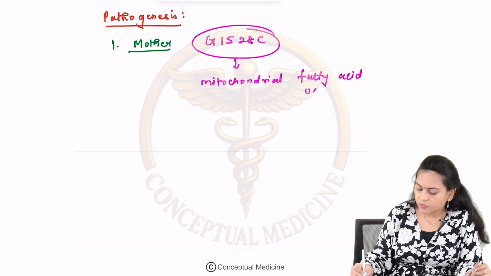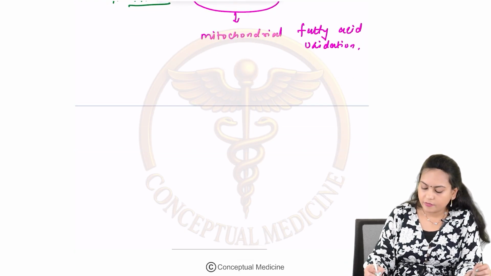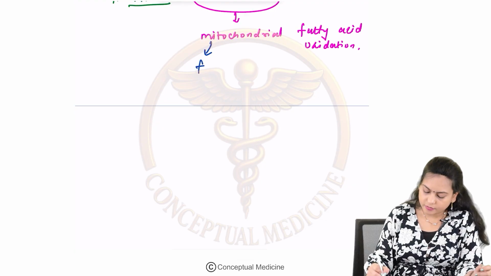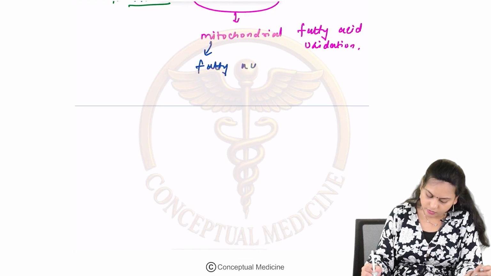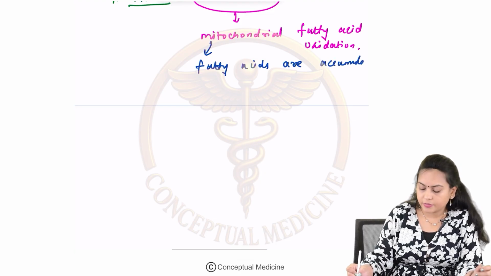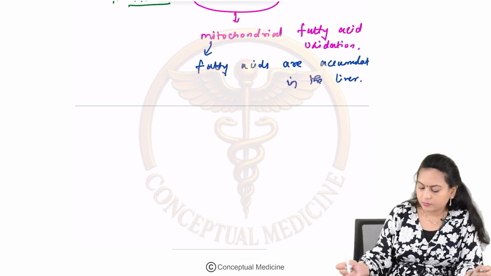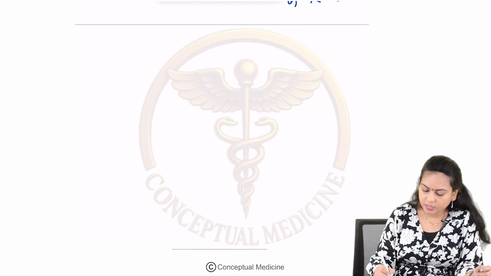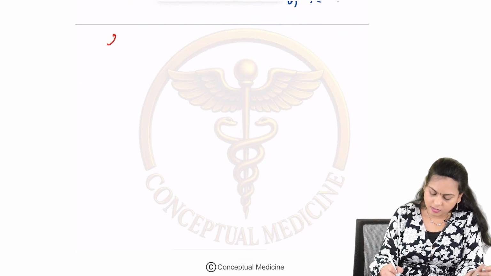So if this gene is affected, then fatty acids are going to get accumulated in the liver. Okay, clear? Next is in the fetus.